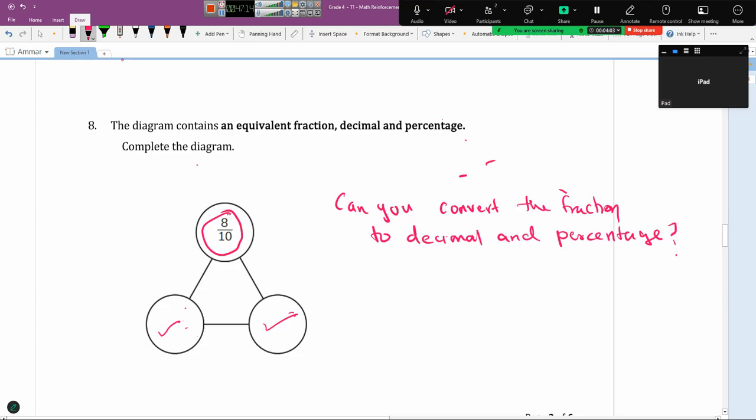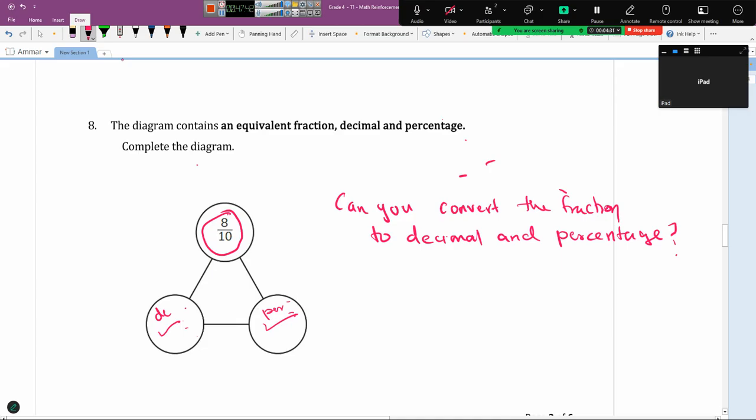Here in this circle you have to write the decimal, and here the percentage. We have already studied how to convert a fraction to decimal, and how to convert a fraction to percentage by multiplying by 100. So can you just do it?